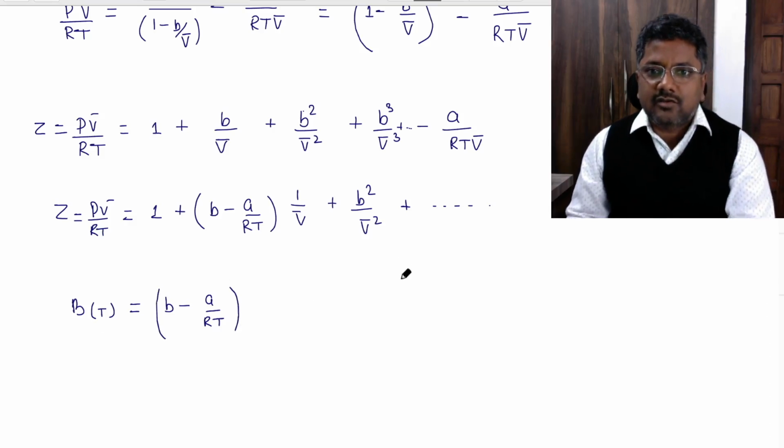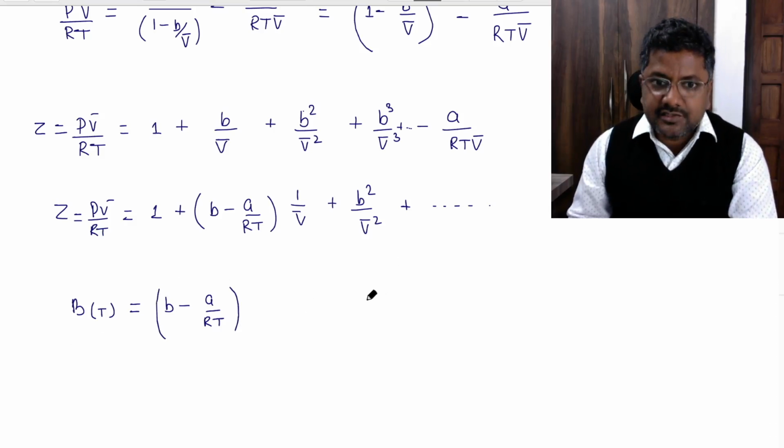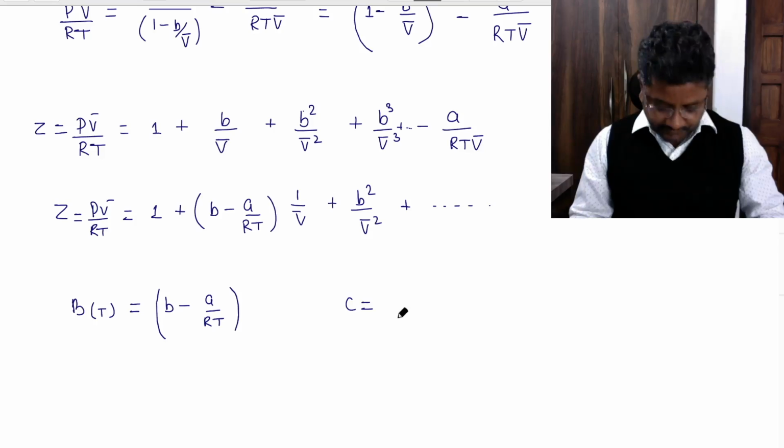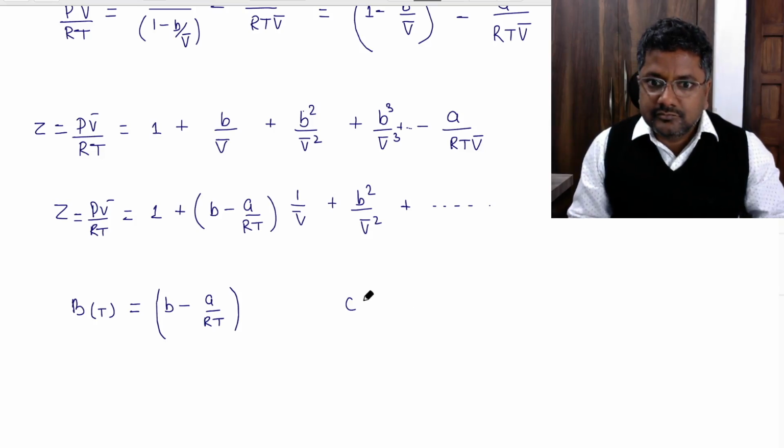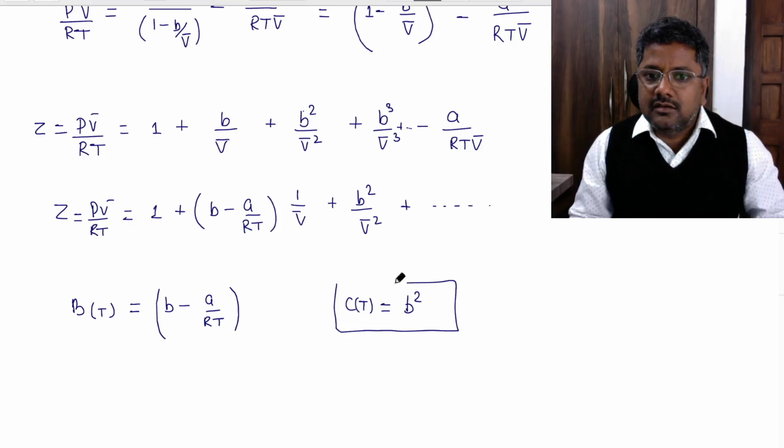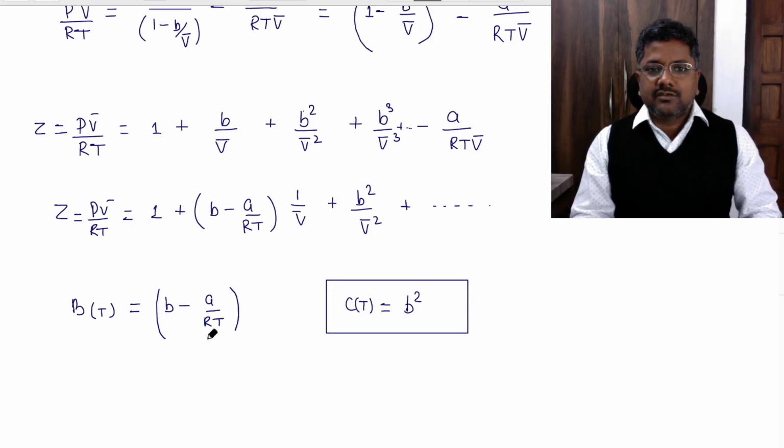This is the second virial coefficient, and the third virial coefficient C is equal to b², correct? And B is equal to this.